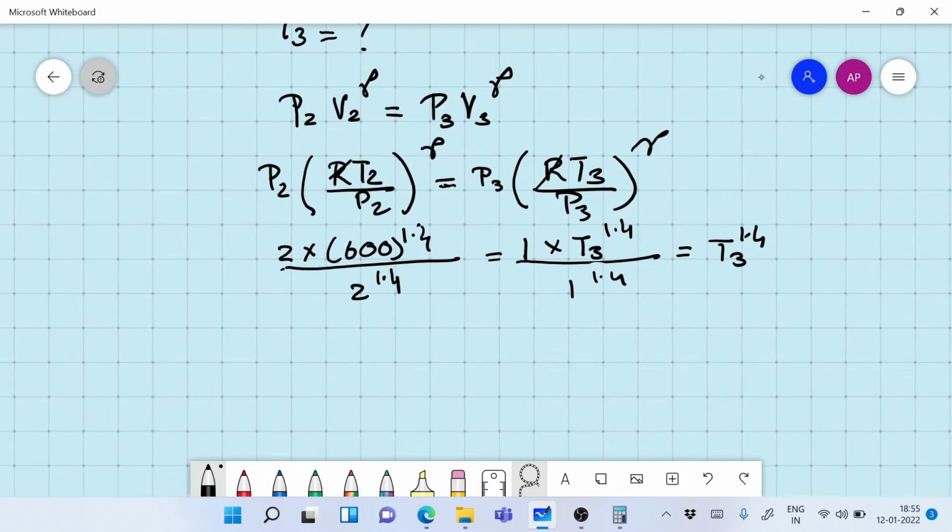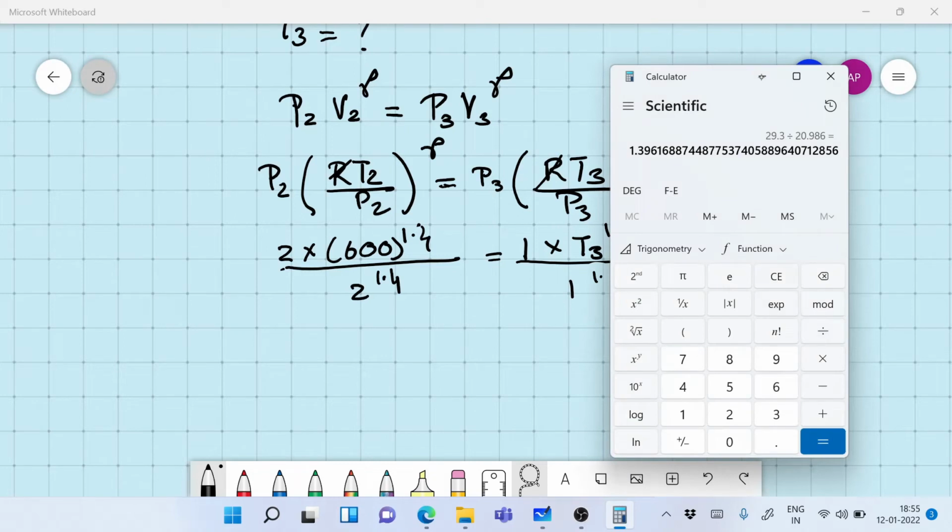Now let's calculate the LHS, which is fairly straightforward if you try to do it on a calculator. 2 multiplied by 600, the whole raised to 1.4. This is equal to so much divided by 2, the whole raised to 1.4. And that makes it 5874.8901.